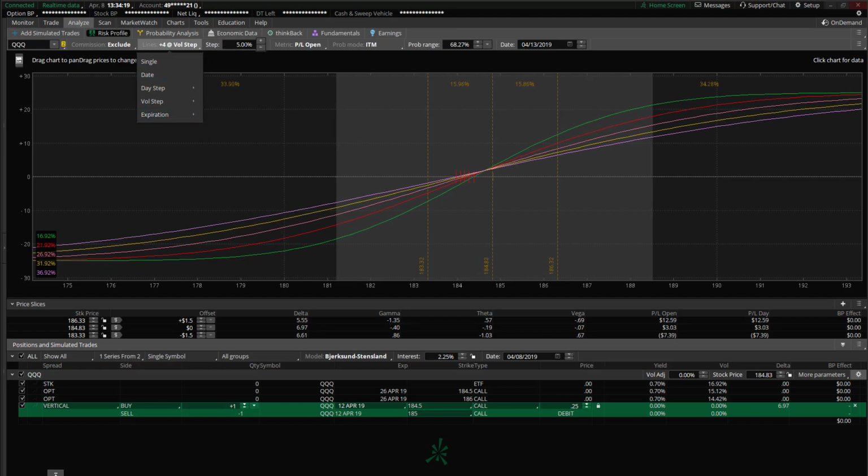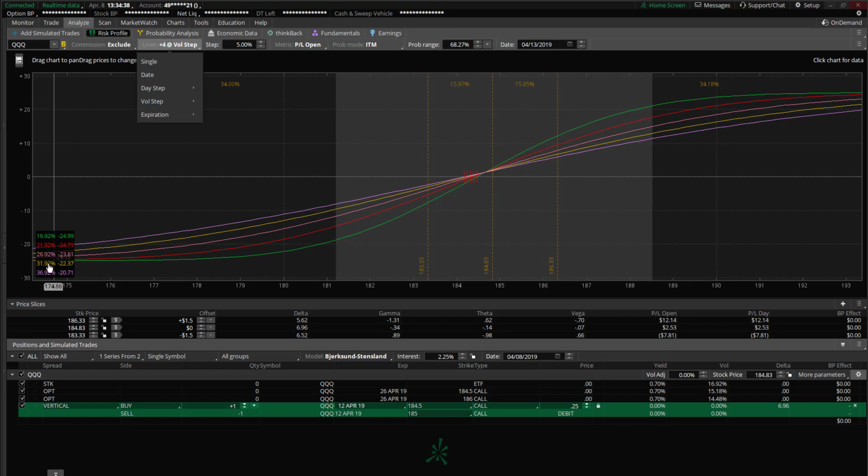And like I said, we don't have to leave this at 5. We could set it to a lower amount, because honestly, expecting a 5-point move in the Qs would be pretty extreme. Expecting it to change from 16 to 36 is seriously exaggerating what could actually happen to the market.